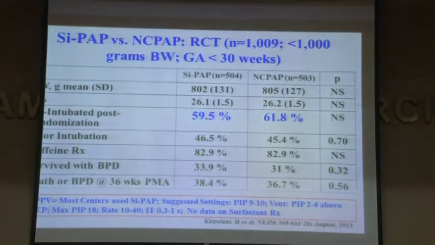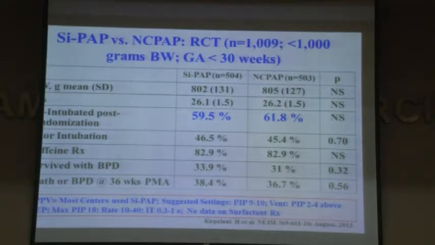What about NIPPV? This is the largest study comparing NIPPV versus nasal CPAP. Kirpalani from Canada, a multinational study. Babies less than 1,000 grams, less than 30-week gestation. 1,009 babies were randomized, published in the New England Journal last year. If you read the title of the paper, it says NIPPV.